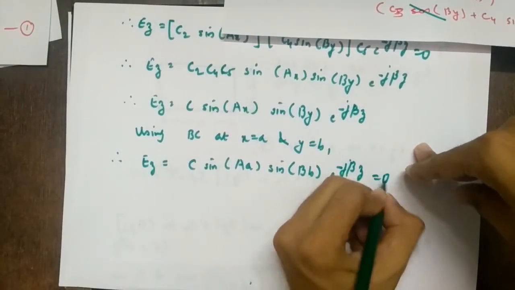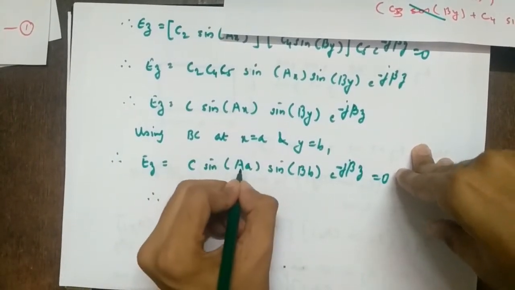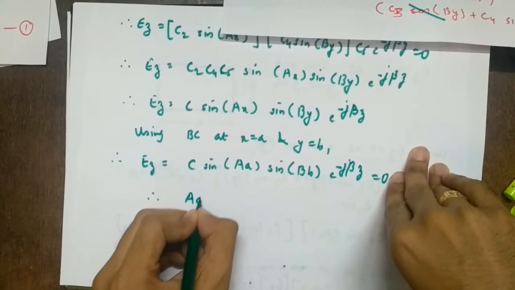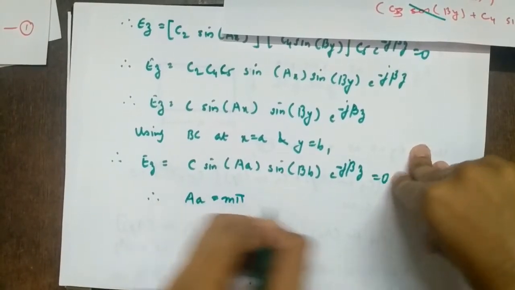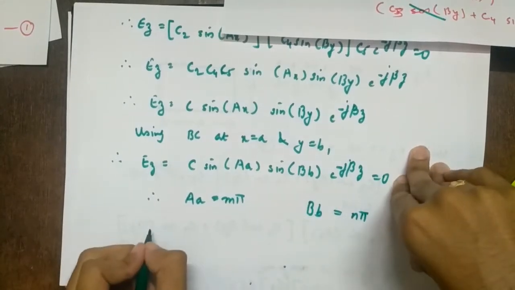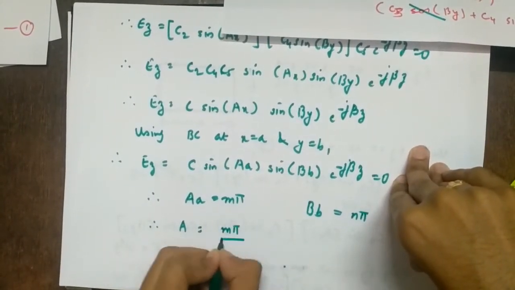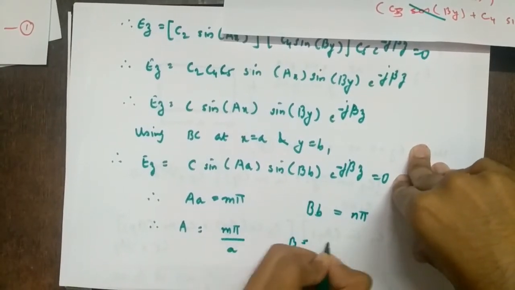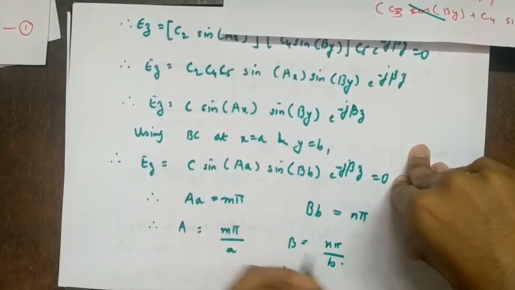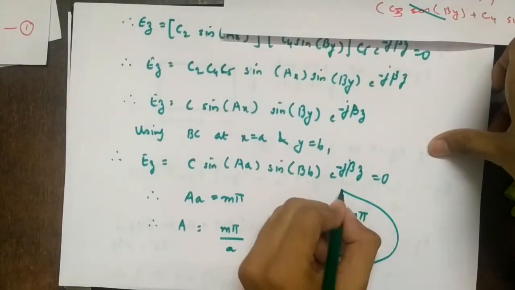This should be equal to 0, because at this value Ez is 0. So for this to go to 0, Aa should be M pi, and Bb should be N pi. Therefore capital A equal to M pi by a, capital B equal to N pi by b.